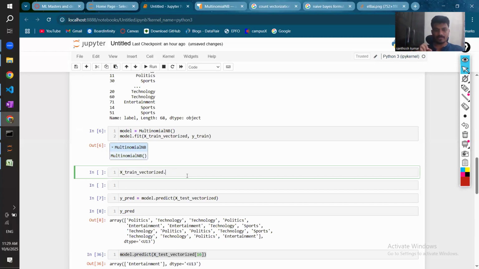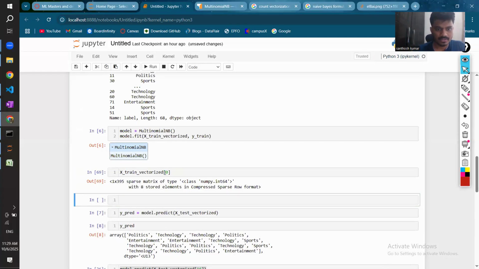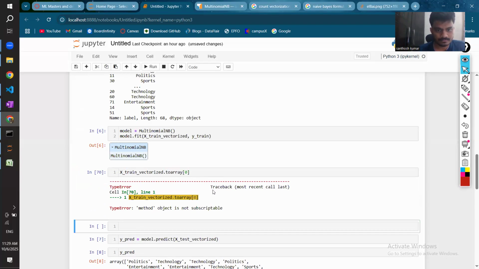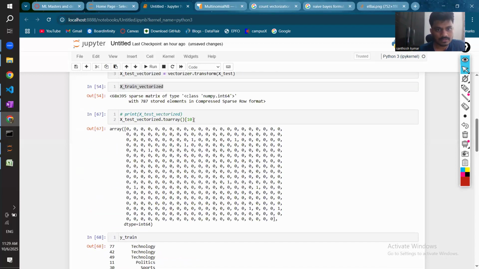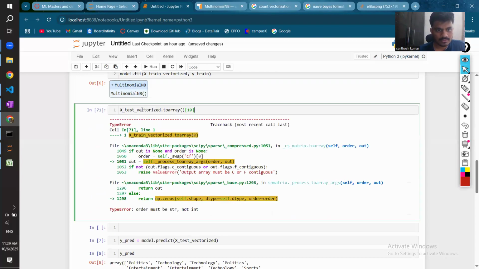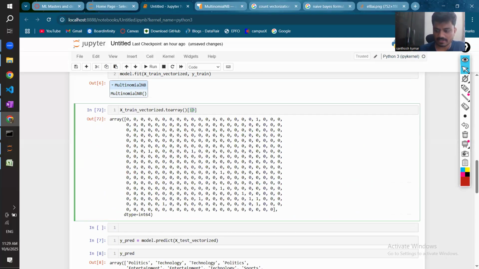For example, this is my X train vectorized, and I'll apply to array to take the first one.